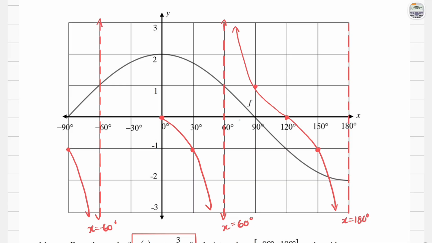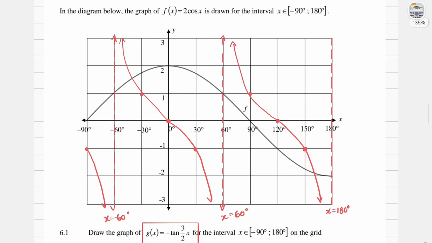And then you see here, these ones would just repeat themselves 120 degrees before this. So 90 minus 120, that's going to be at -30. So at -30, that's where we're going to have a y value again of 1. -30 and 1. And then you see how that completes that. So from here, it just hits 1 and gets closer and closer to the asymptote.